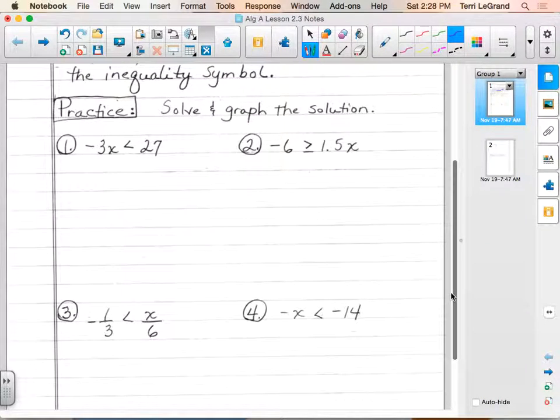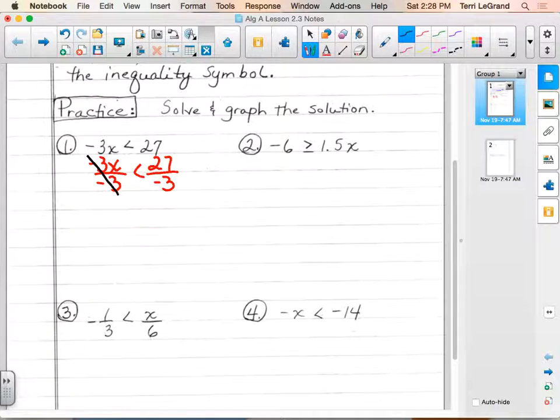Number 1, negative 3x is less than 27. X is being multiplied by negative 3, so we have to undo that by dividing both sides by negative 3. Take the time to write it out again, not using what was there, so you don't remember what it started like. Okay? So negative 3x is going to get divided by negative 3. 27 is going to get divided by negative 3.